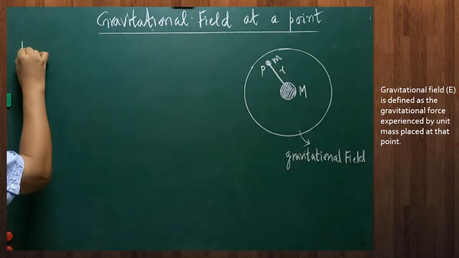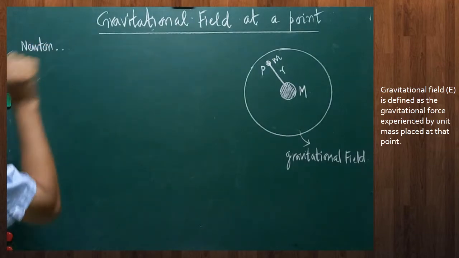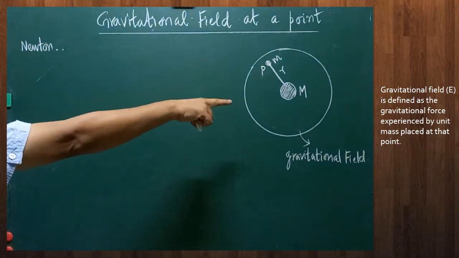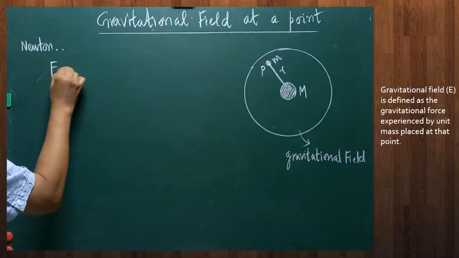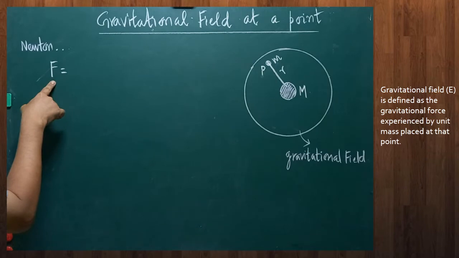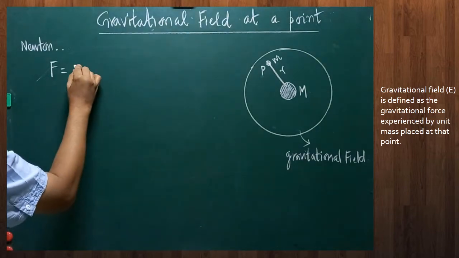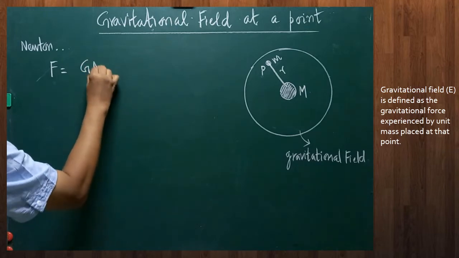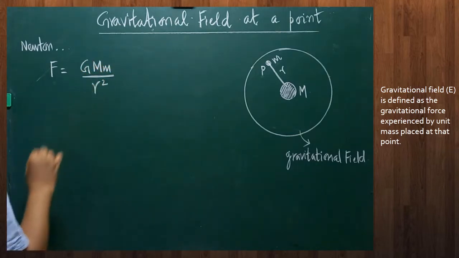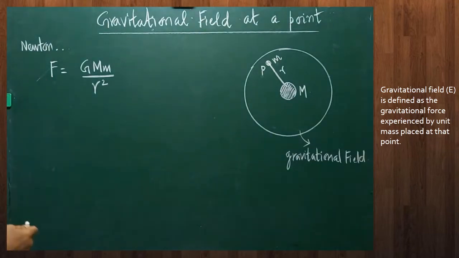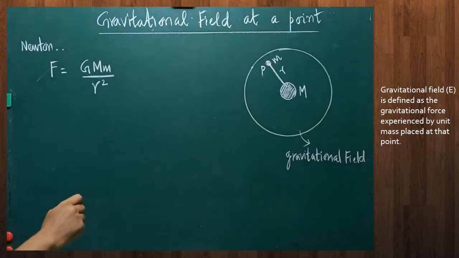So according to Newton, what we have learnt, the gravitational force between these two masses can be written as F is equal to, what is F? Gravitational force in between these two masses is equal to G M m divided by r square. So this is the expression from which we are able to get the gravitational force in between these two masses.